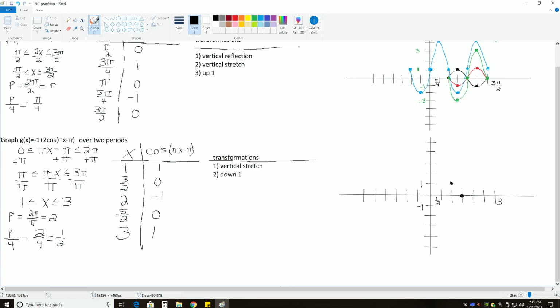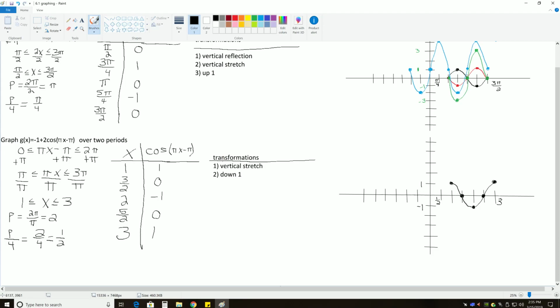Then 2, -1. 5/2, 0. And finally 3, 1, which ends up giving us our general shape of cosine, which, remember, it's not a V, it's more like a U. It's got a curve to it, not just straight lines.